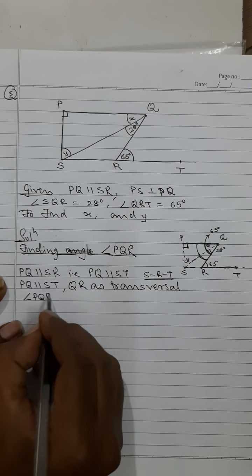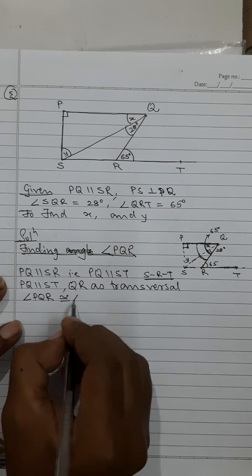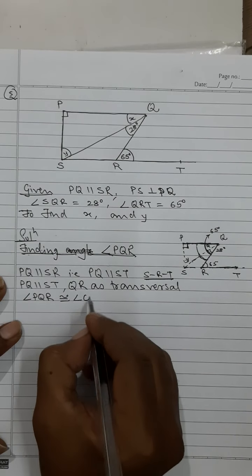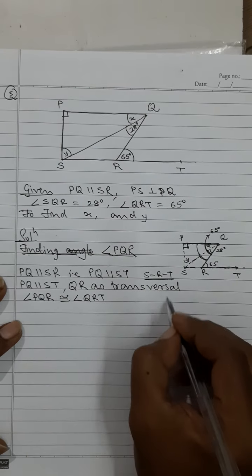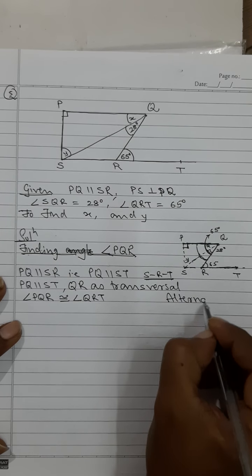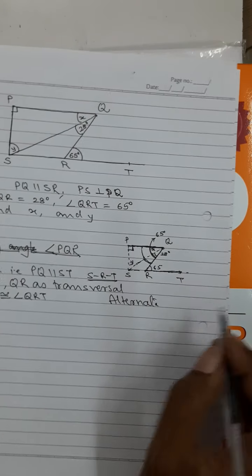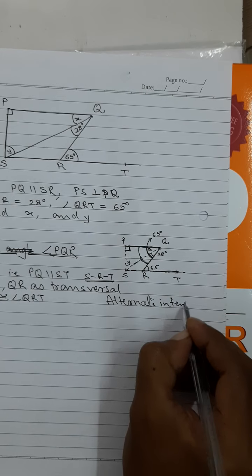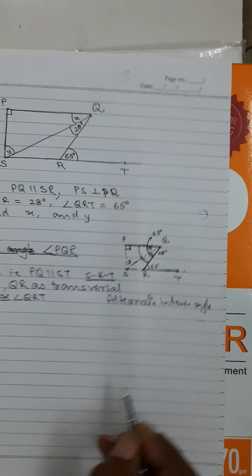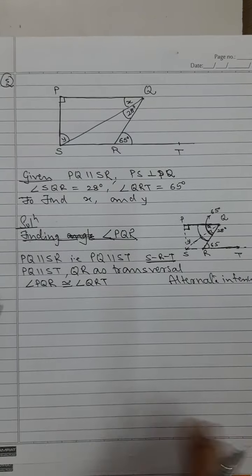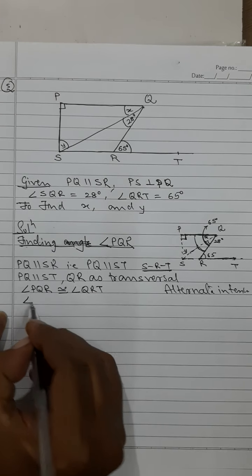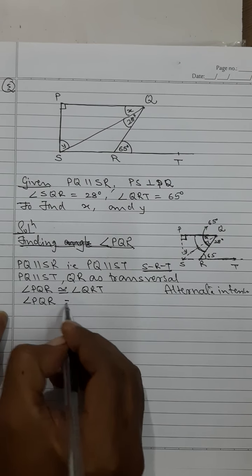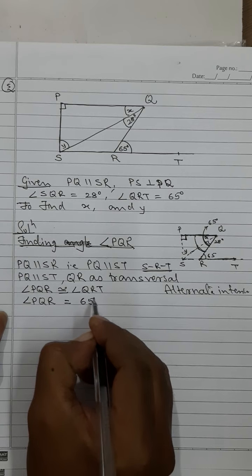Angle PQR will be congruent to angle QRT. Reason is alternate interior angles. Okay, so you will get over here angle PQR is equal to 65 degrees.